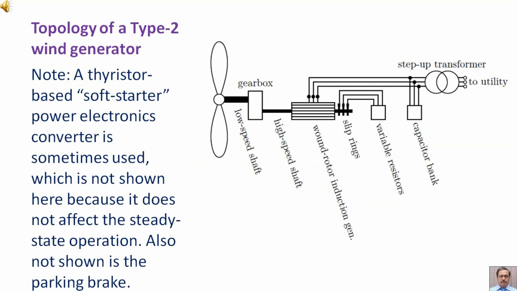A thyristor-based soft starter power electronics converter is sometimes used, which is not shown here because it does not affect the steady state operation. Also not shown is the parking brake.